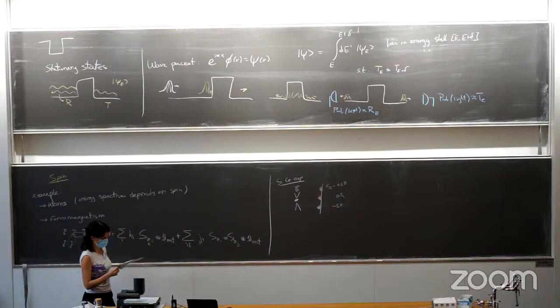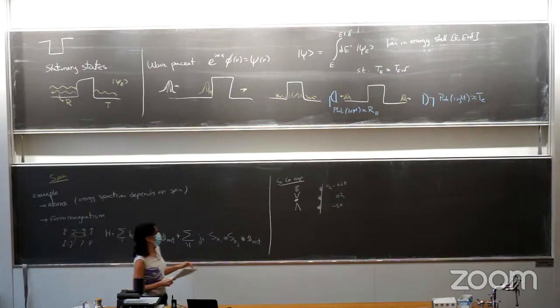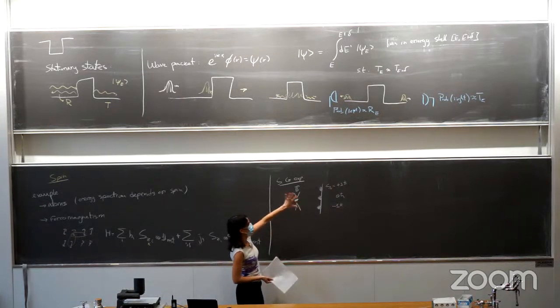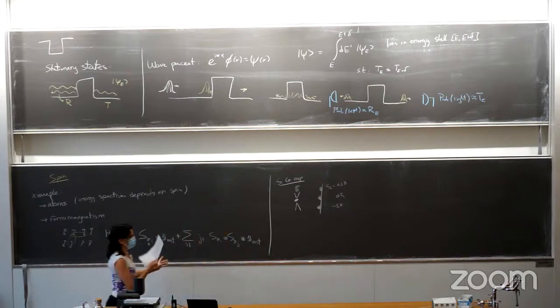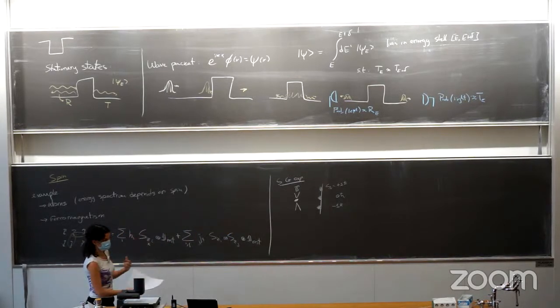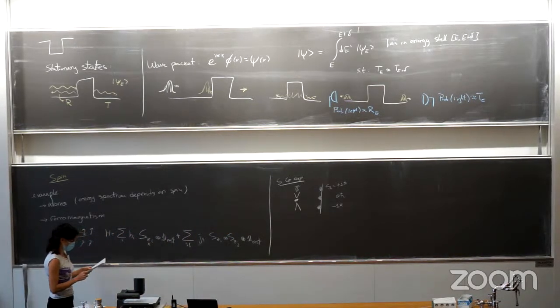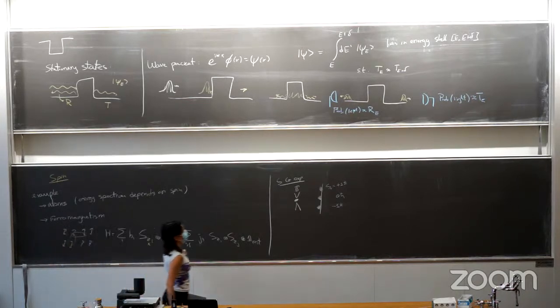And the other one that we'll see in the next lecture is that spin is also very analogous to angular momentum and rotations in 3 dimensions. So it's really, really important in general. Okay. So how we'll go about this is the following.